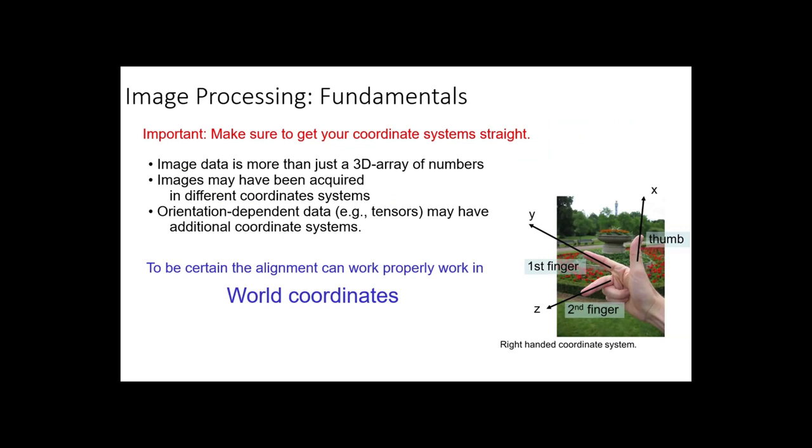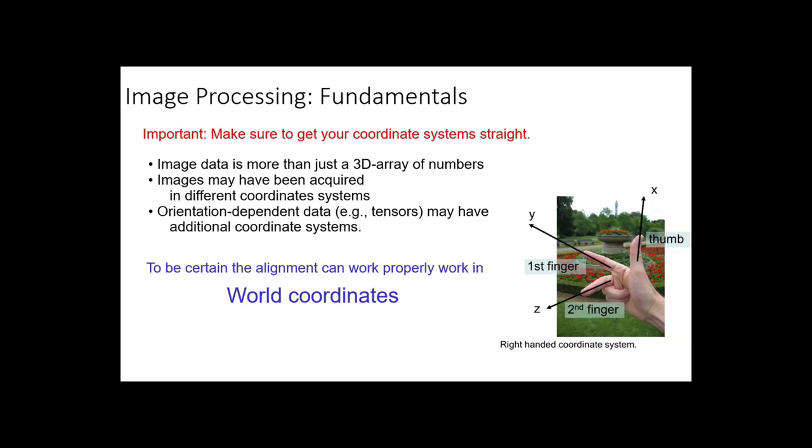But in MR, like the first question asked, which part is left, which part is right? So we have to make sure what the coordinate system of this 3D image is. What we usually use is the right-hand system. So this is X and Y, and then this is my Z.